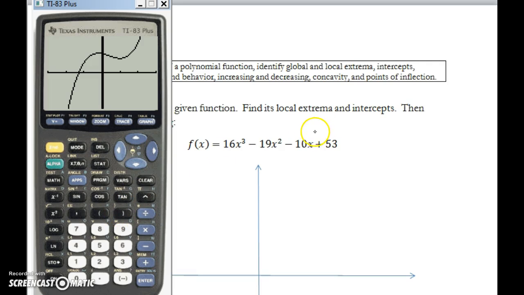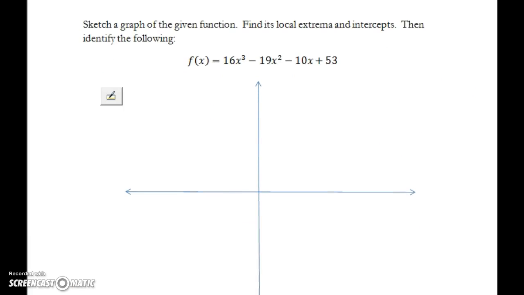So I'm going to copy this graph, and then we're going to find all these pieces of information that are missing. It says local extrema, intercepts. So let me copy the graph first, and then we'll look at those parts. So here's what our graph looks like.